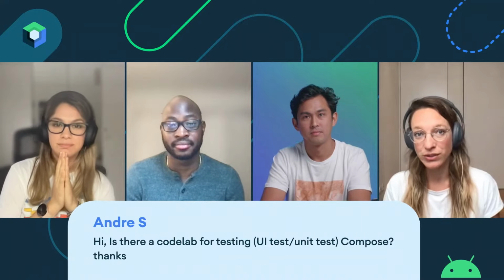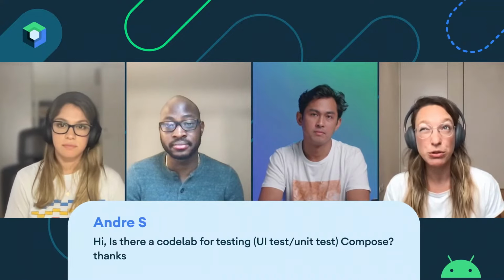Perfect, brilliant. Awesome, so next up we have: is there a code lab for UI tests in Compose? Thanks. Well, as the testing point of contact, I can take this one. Yes, we have a code lab for testing. It is part of our Compose course.